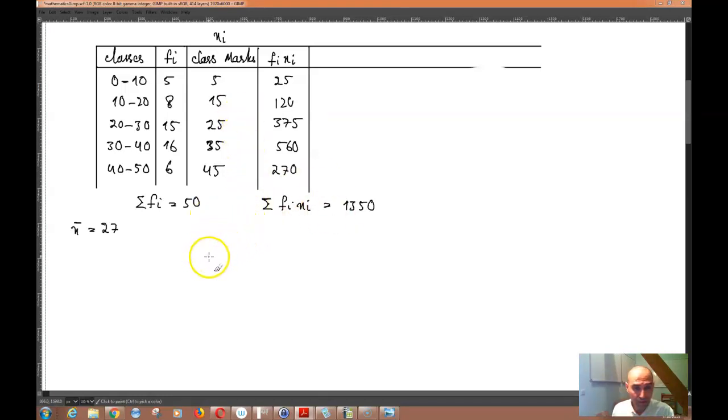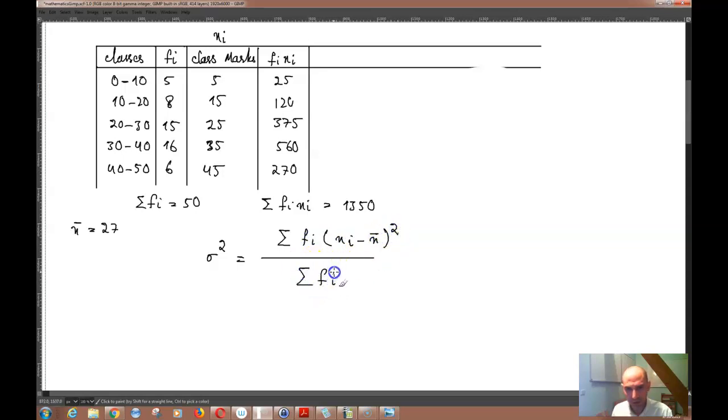We said that the variance is sigma squared, and that's equal to the formula for variance, which is sigma f of i times x of i minus x bar whole squared divided by sigma f of i.